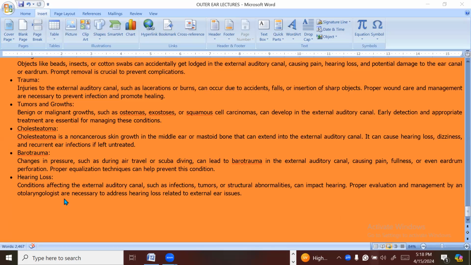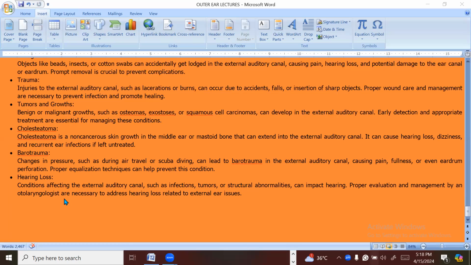In fact, an infection that is established at the skin of the external auditory canal can progress to the point that it can rupture the eardrum. And also from our knowledge of how the structure is, we now understand that insects too can go there and block it. And therefore, it has informed the techniques used for removal of certain objects that may lodge in the ear, in order not to damage the eardrum or the EAC.